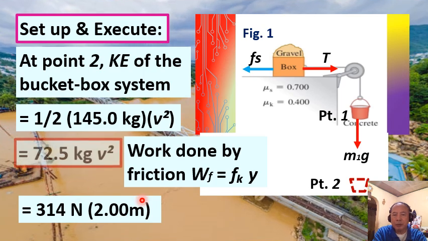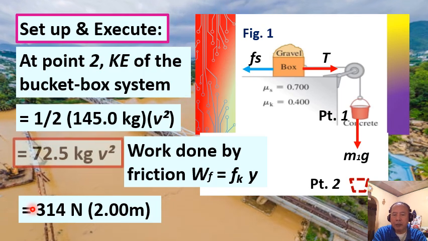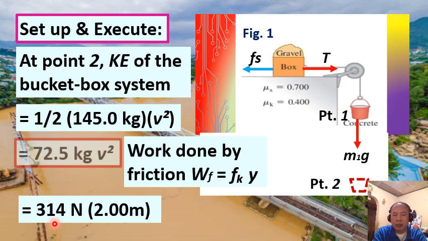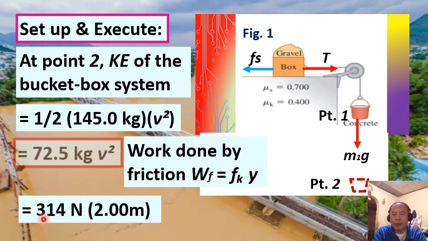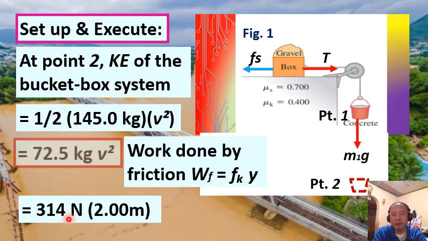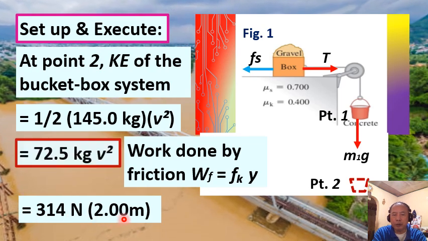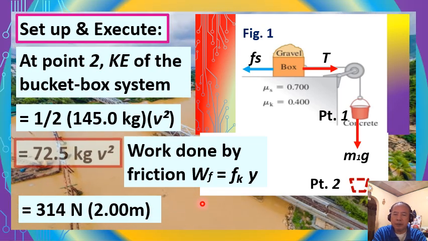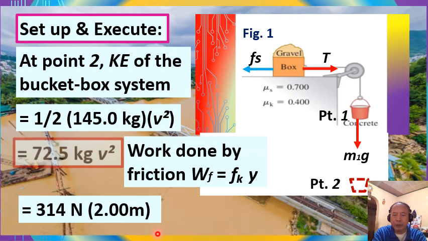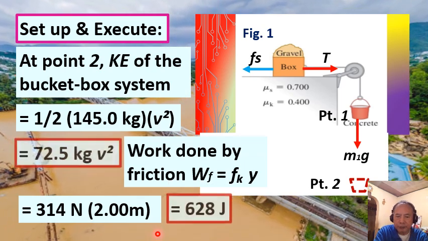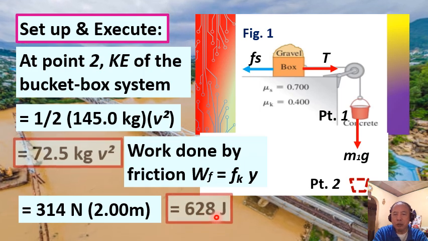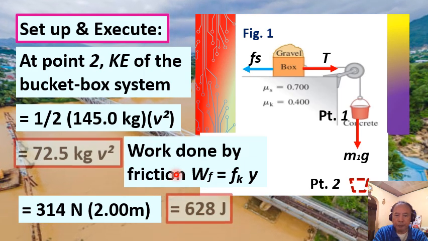That is, work done by friction, W sub F equals 314 newtons, which is the amount of the kinetic friction, multiplied by 2.00 meter, that is the value of y. Then we get the amount of work done by friction equal to 628 joules.